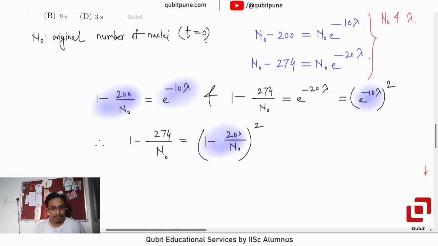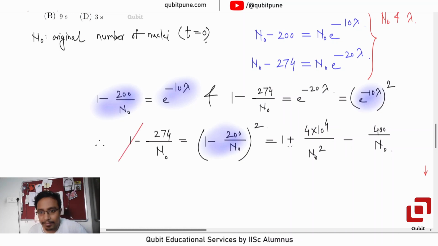Okay, now let us square it. a squared plus b squared minus 2ab. Okay, cancel 1. Bring negative 400 upon n0 to LHS.